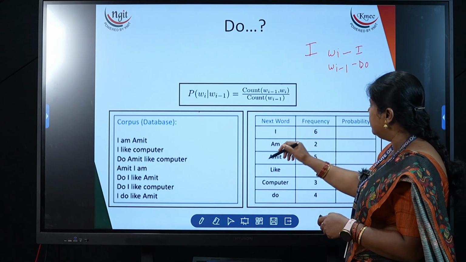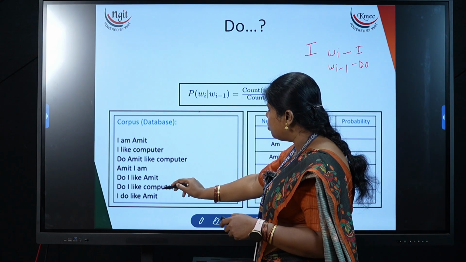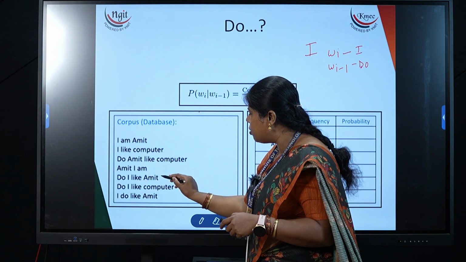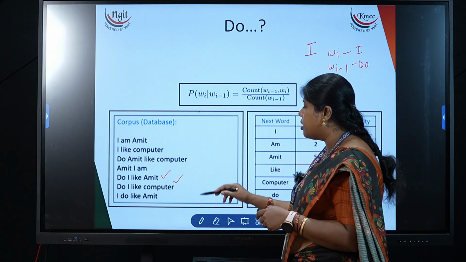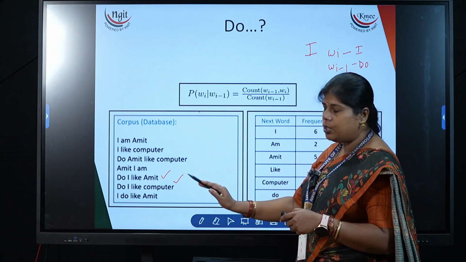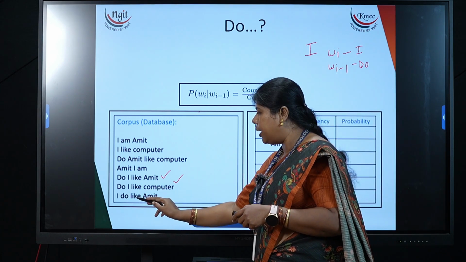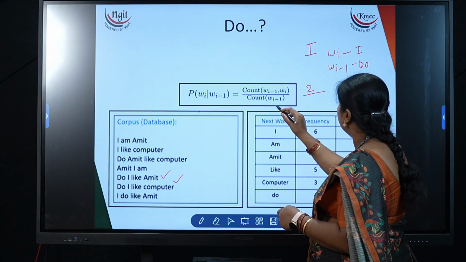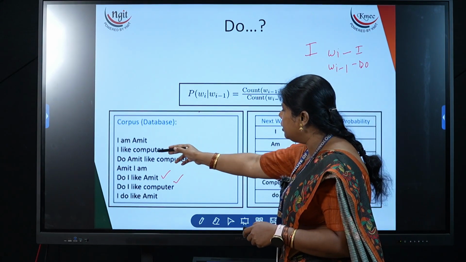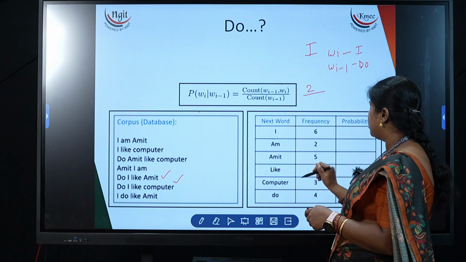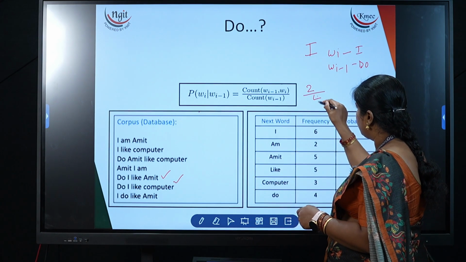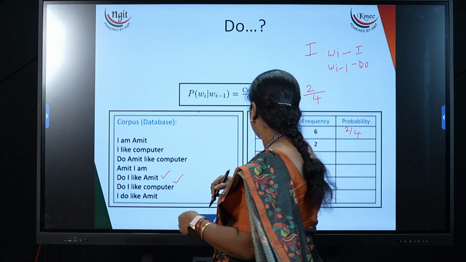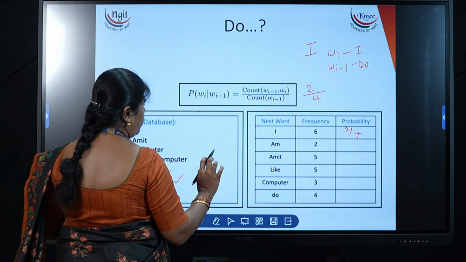In this corpus you check what is the count of "do" followed by "I". In these 2 places, "do" is followed by "I". Don't consider "I" followed by "do". So the count is 2. Now what is the count of "do" in the whole corpus? The count of "do" is 4. So this is the probability of "do" followed by "I": 2 by 4. Like this you should find out for "M".